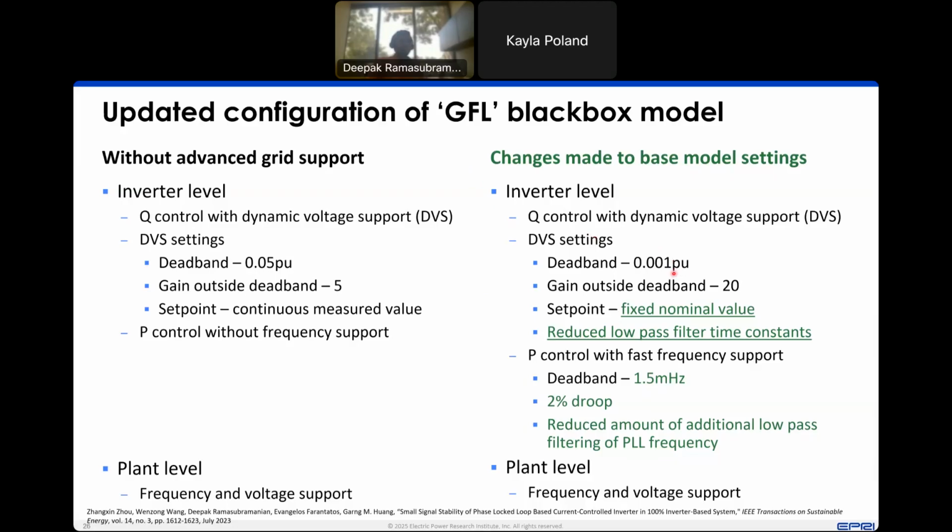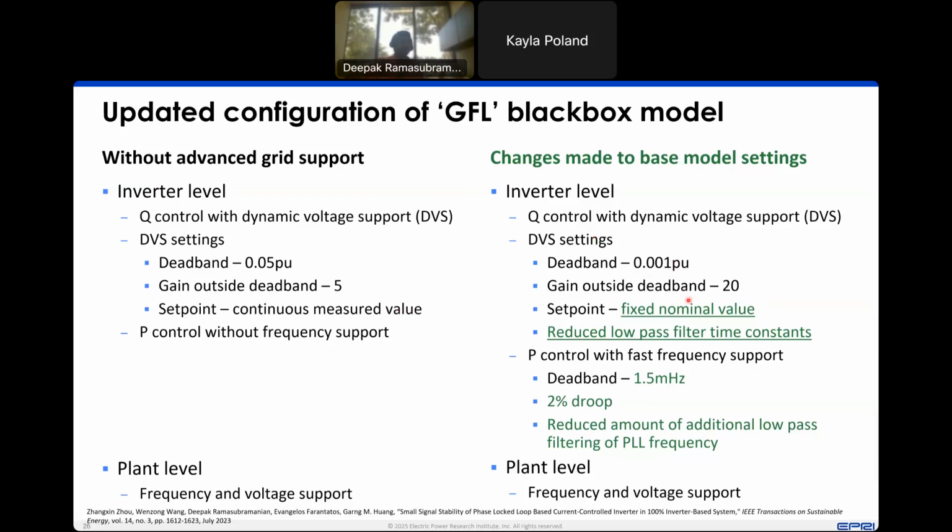We reduced the deadband on the dynamic voltage support. We increased the gain. We made the set point for voltage control, rather than a continuous measured value, a fixed nominal value. We reduced some low pass filter time constants. And on the active power side, we added droop.